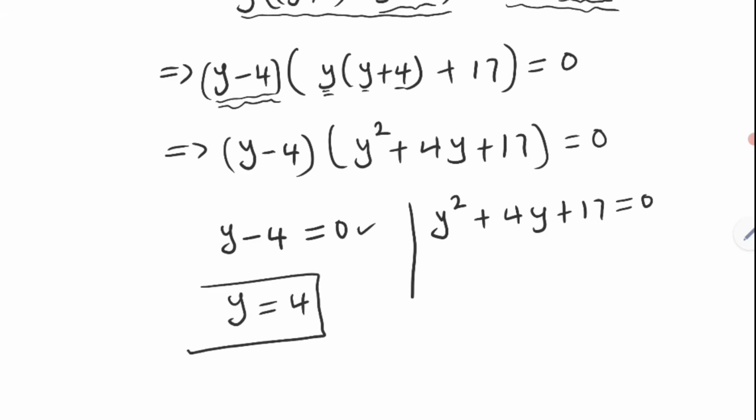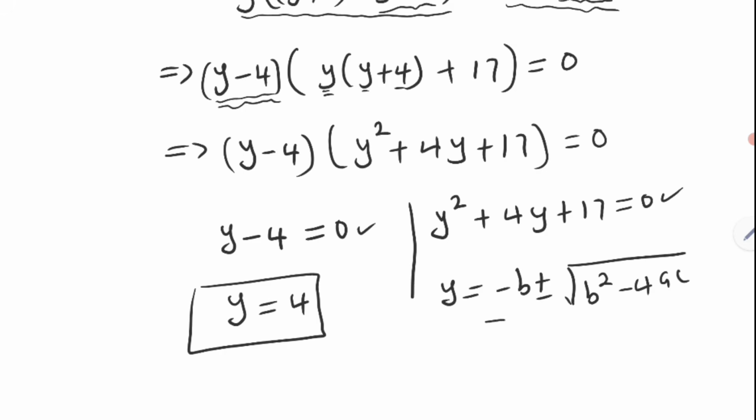This is the first value of y. Now here, this is a quadratic equation. Let us solve this using the quadratic general formula. Our quadratic general formula is giving us y is equal to minus b plus or minus square root of b square minus 4ac over 2a.